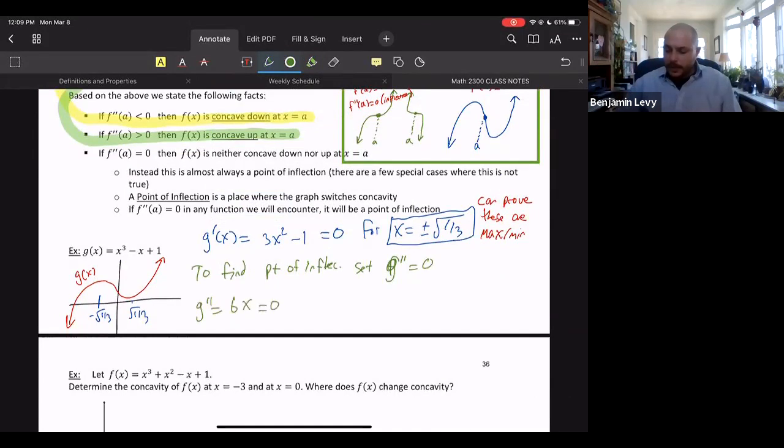Set that equal to 0. We find that x equals 0 is the point of inflection. And again, you can see that on the graph, right? Right where it crosses the y-axis is where it switches concavity. So x equals 0 is the point of inflection. And again, just look at the picture and hopefully you agree with that.